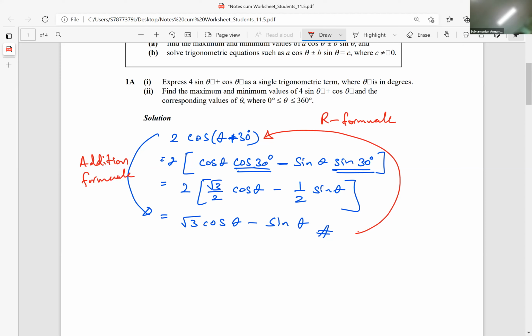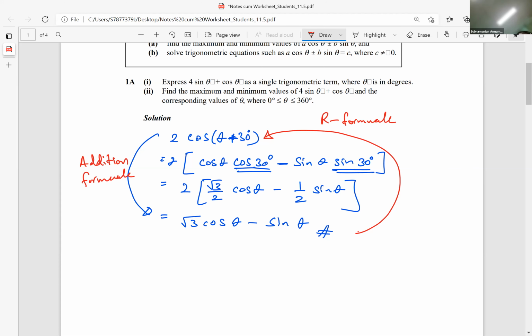Do you understand? It's just like your expansion and factorization. Okay, are you with me? Hello. Yeah. Please respond. Okay, so this is it, and so we shall just begin.